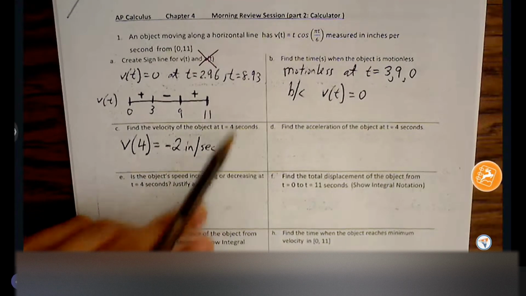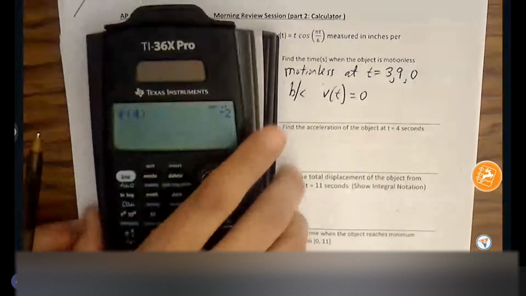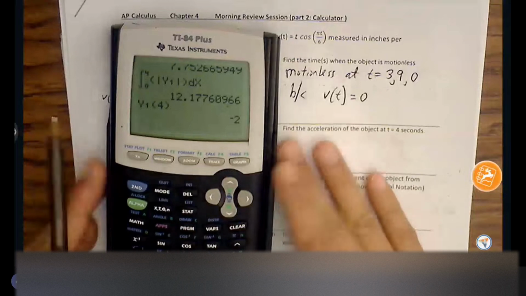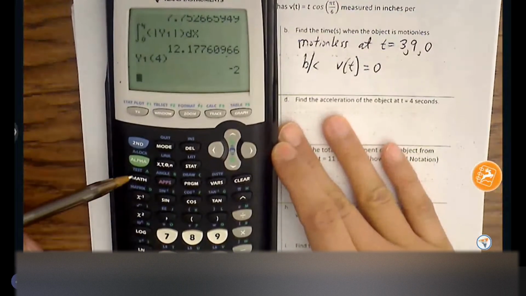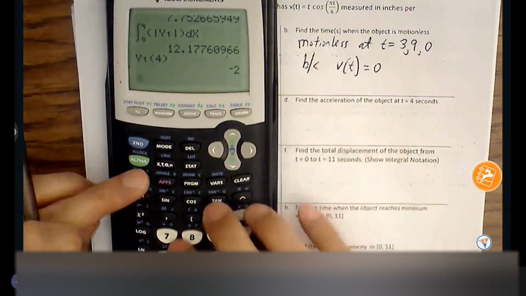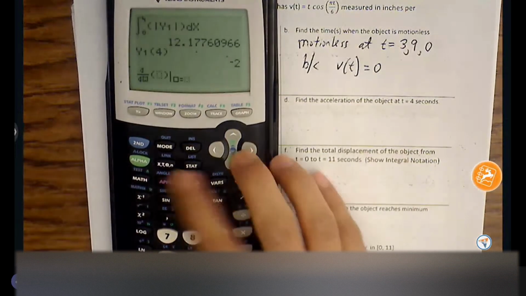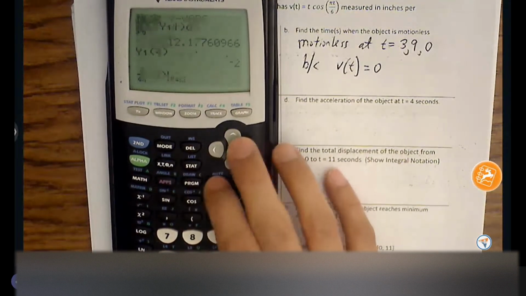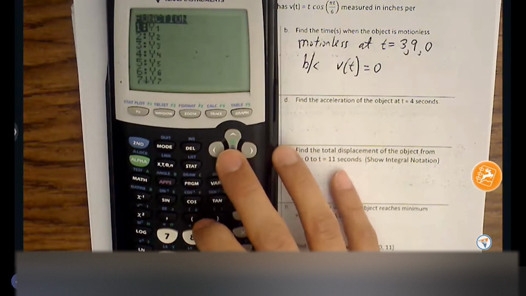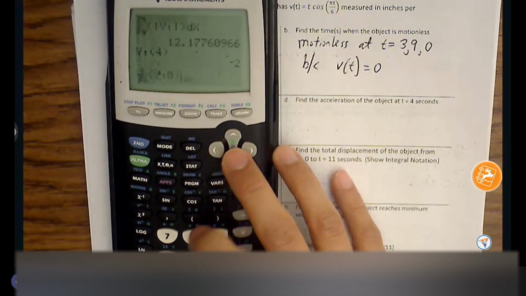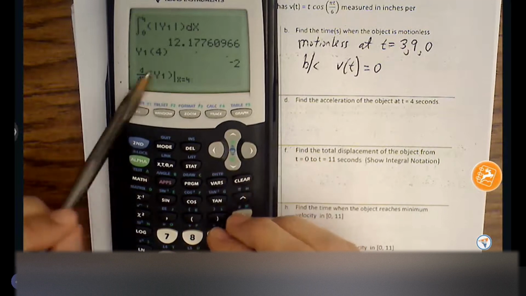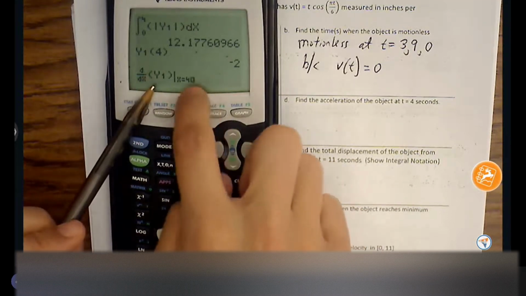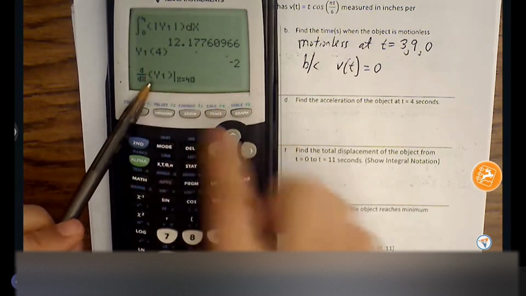Find the acceleration at t equals 4. So acceleration is the derivative. So for the derivative, I'm going to access math 8. Again, I'm calling my function here. So this is going to take me down to acceleration, and then it's going to plug 4 into the acceleration function.